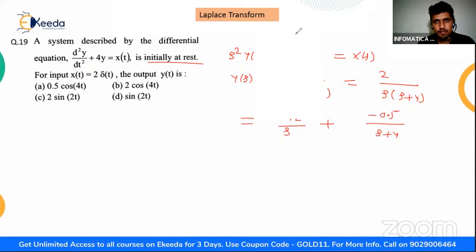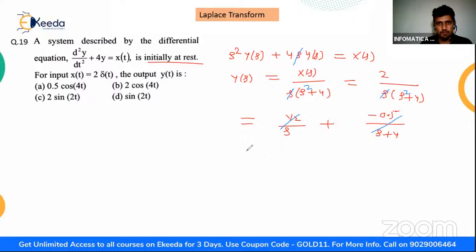There will be no s here, so this will simply be s square plus 4, because they have not mentioned any differentiation here, so this will be simply 4Y(s). Initially I took it as differentiation, that's why I mentioned s, but there will be no s: s square Y(s) plus 4Y(s) equals X(s). So this is correct.